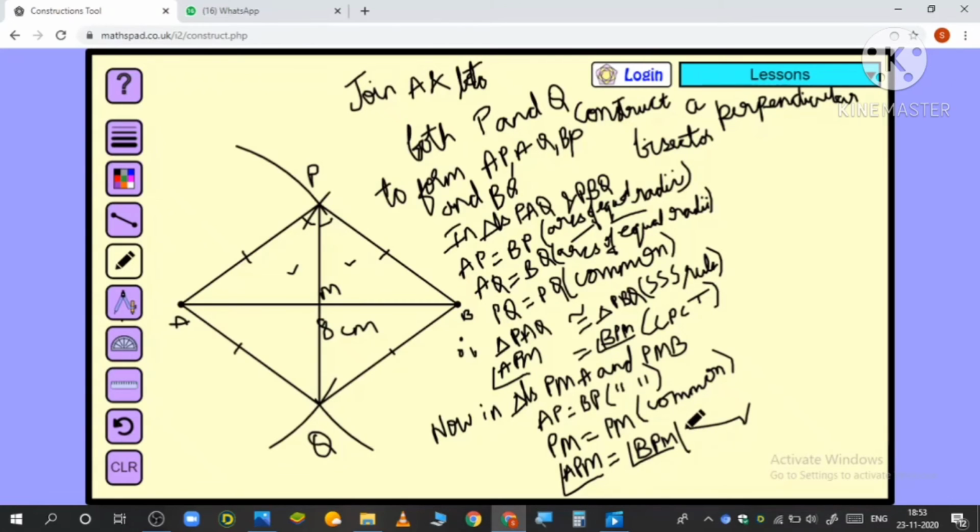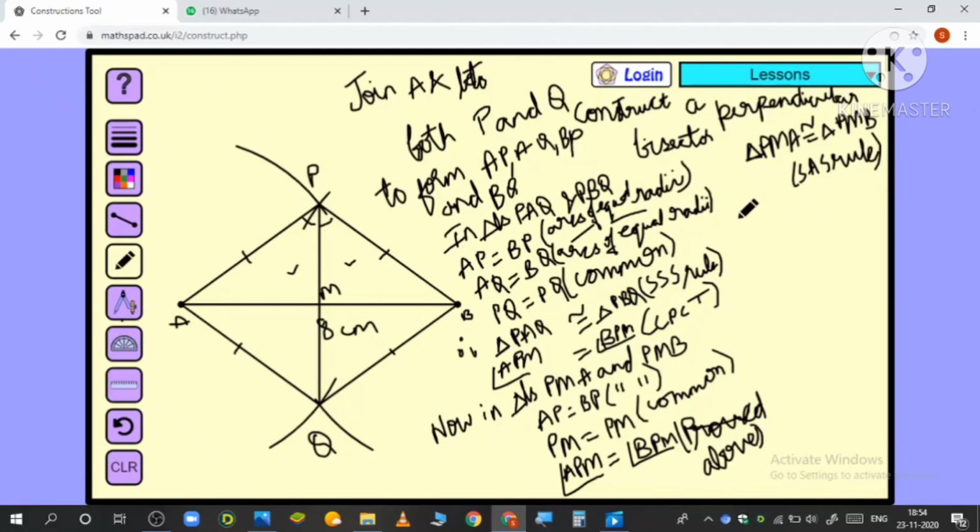So therefore, it can be said that triangle PMA is congruent to triangle PMB. The rule applied here is the SAS rule, side angle side rule.